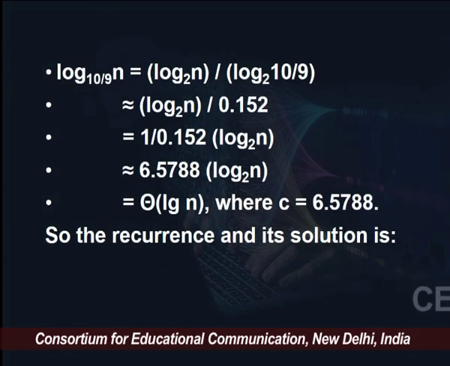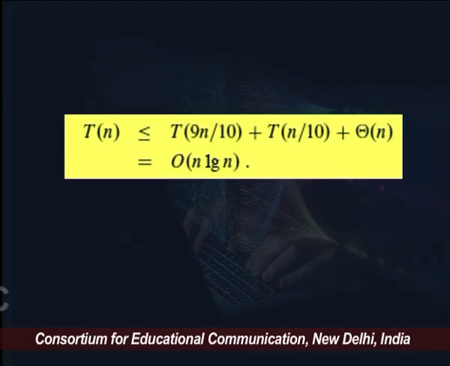So, the recurrence for what we call highly unbalanced partitioning and its corresponding solution is, the total time to solve the problem of n elements, T(n), is less than or equal to T(9n/10) plus T(n/10), which is the 1:9 split we declared just before, plus theta n for the partitioning, and ultimately it will end up in n log n.